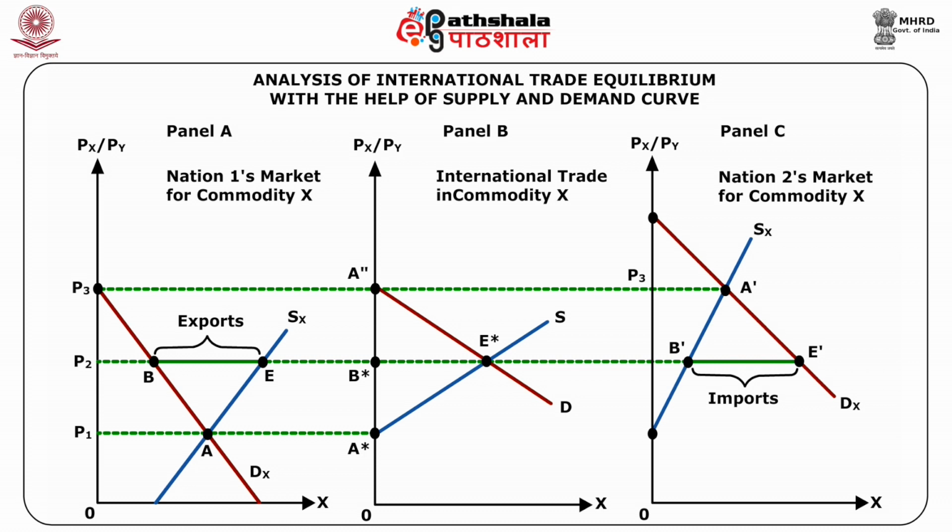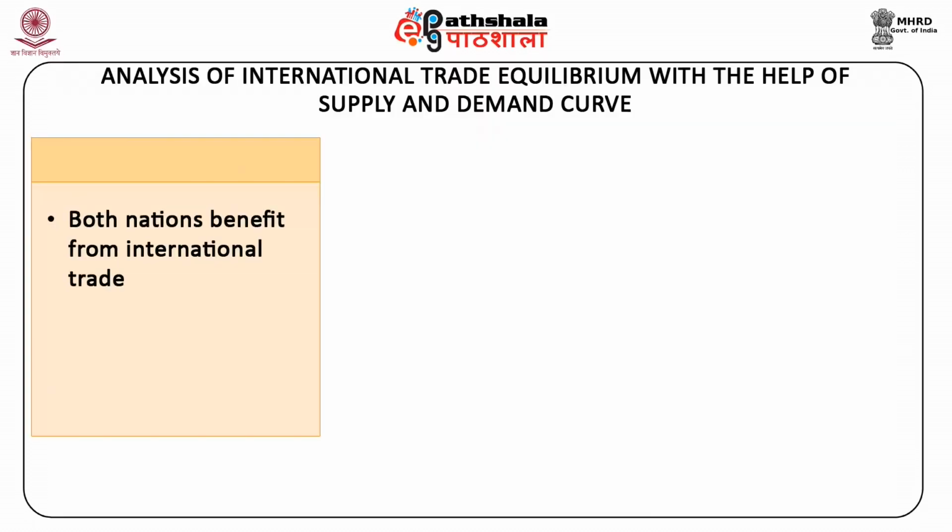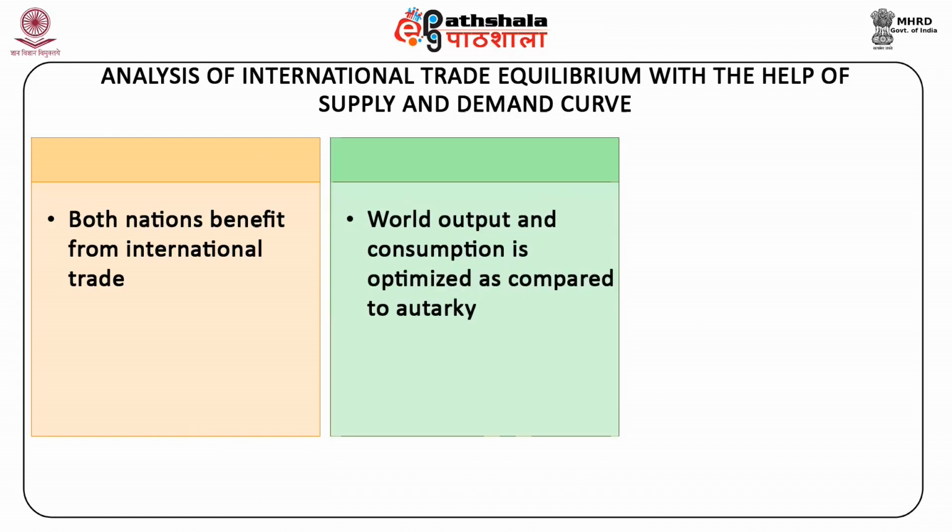International trade allows Nation 1 to export BE quantity of the commodity and Nation 2 to import B dash E dash quantity of commodity X at world price level P2. Both nations benefit from international trade and world output and consumption is optimized as compared to autarky.